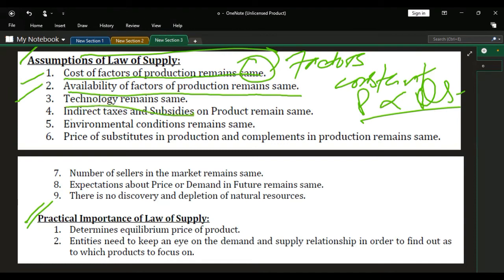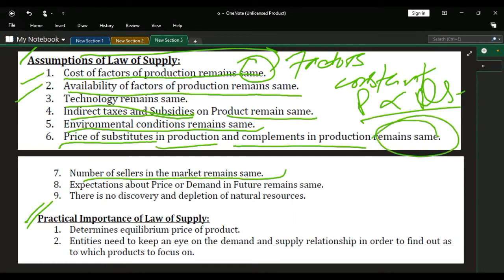Technology remains the same. Indirect taxes and subsidies on the product remain the same. Environmental conditions remain the same. Prices of substitutes in production and complements in production remain the same. The number of sellers in the market remains the same. Expectations about price and demand in the future remain the same.